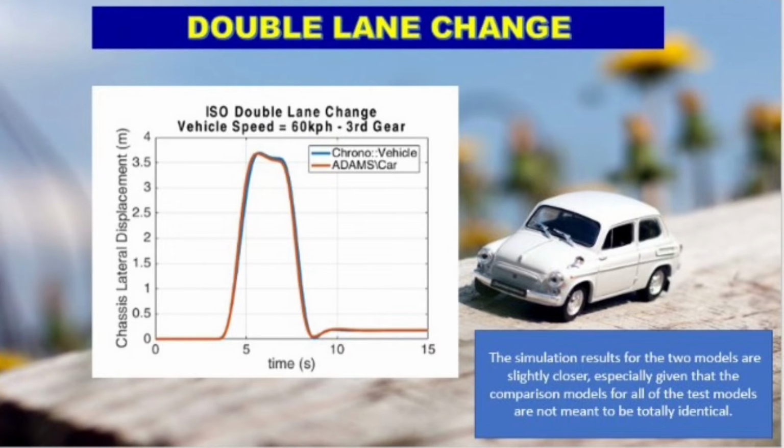And this is the result of the simulation by the author. They found that from the simulation test, both results for the two different models are slightly close for the double lane change under the ISO standard.